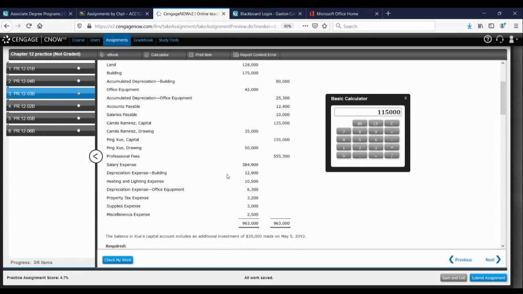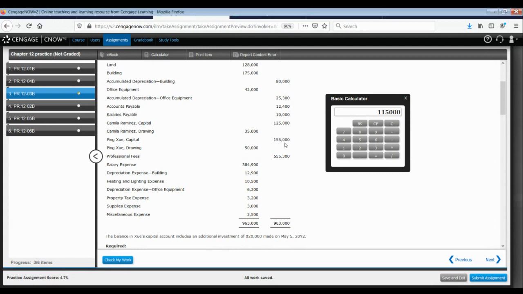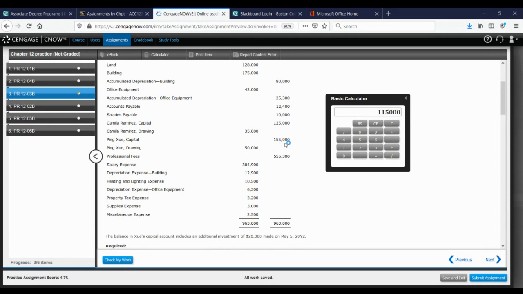So what they're saying is Zoo's capital balance here of 155,000 has 20,000 in it that was an additional investment. Since that additional investment was made on May the 5th, we need to back out the 20,000 from the 155,000 to give us the remaining capital amount for Zoo's capital.